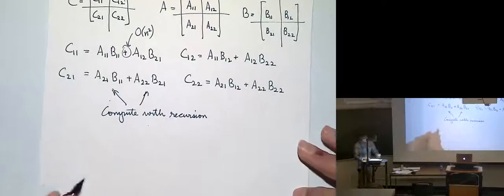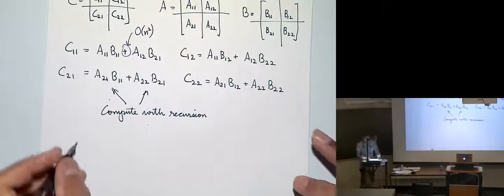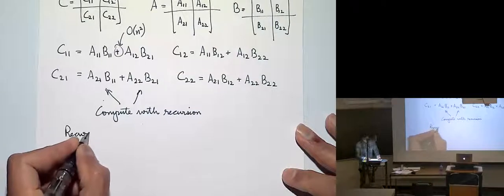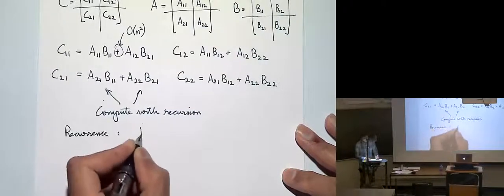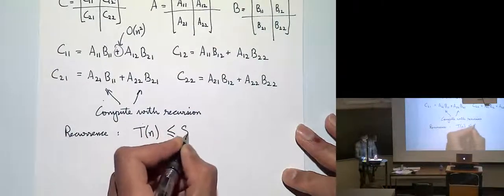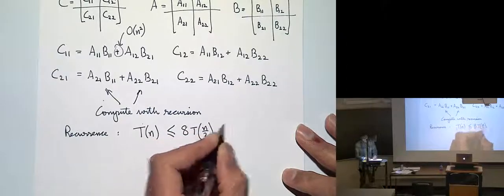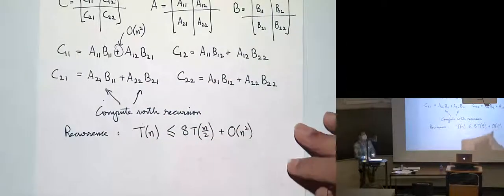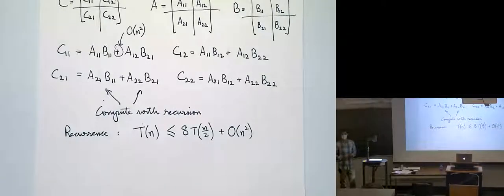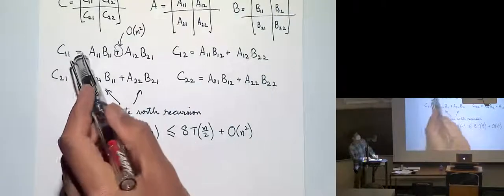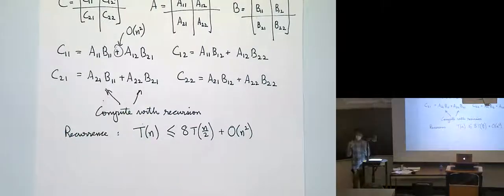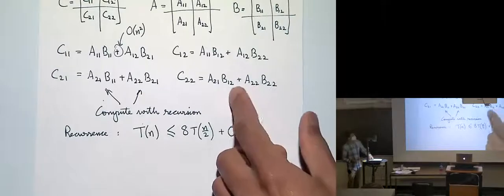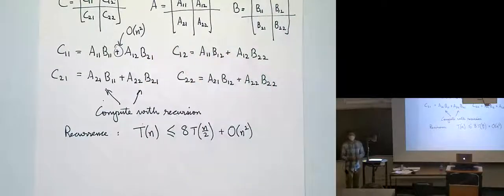Okay? So if you write the recurrence, you get T of n is at most 8 times T of n over 2 plus O of n squared. Because you'll do 8 multiplications with n over 2 size matrices, and then you do n squared work to add everything up, the 4 additions, maybe even just copying the data to the right place.